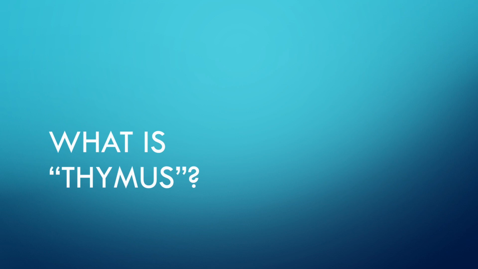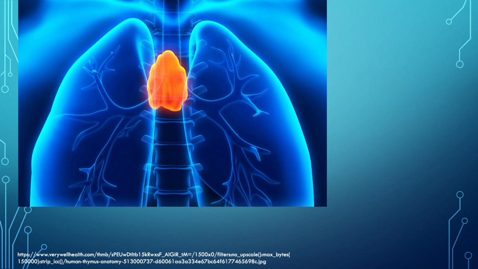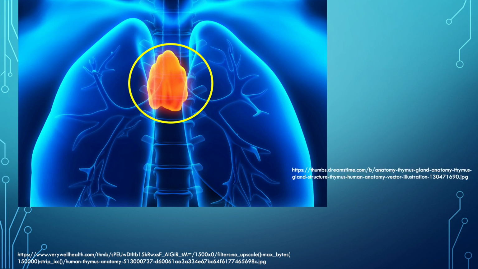In the explanation of T cell, the word thymus appeared a couple times. Do you know exactly what thymus is? Thymus is a fatty butterfly-shaped organ that sits in front of the heart at the base of the neck. And thymus is mainly composed of lymphoid tissue.